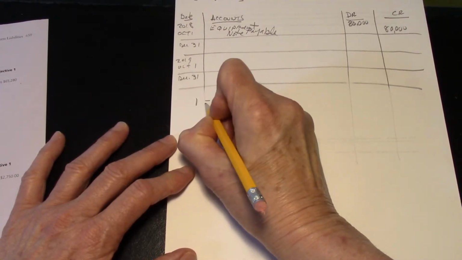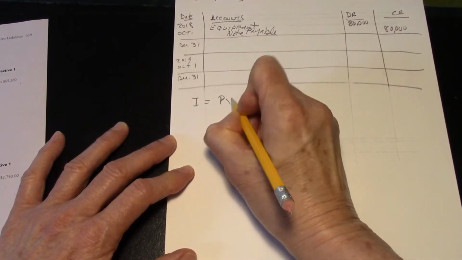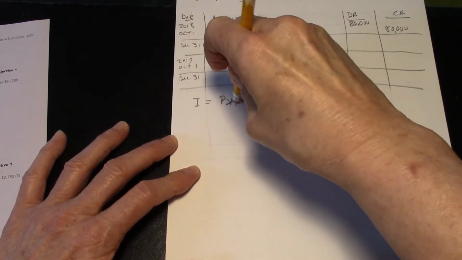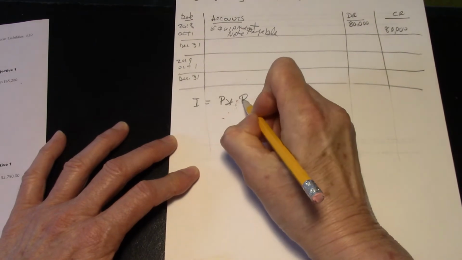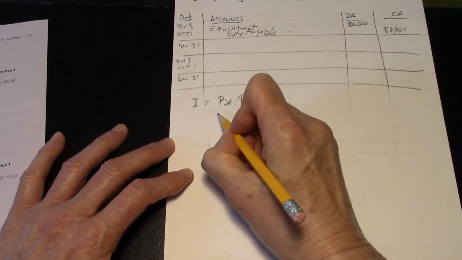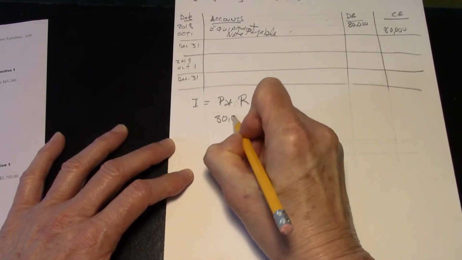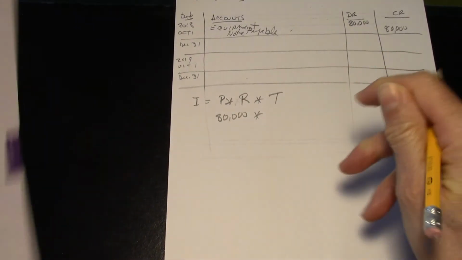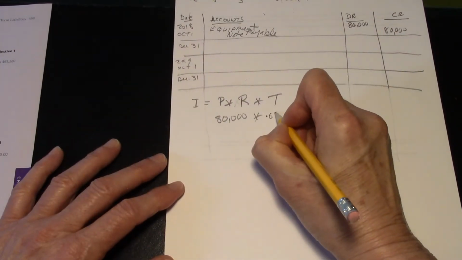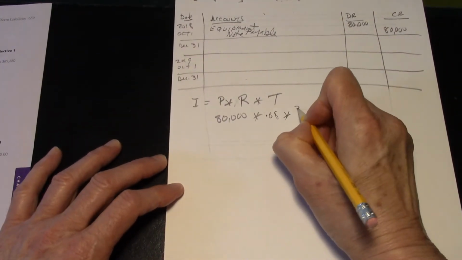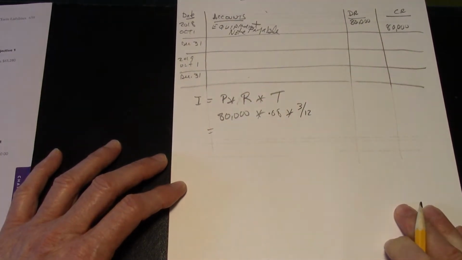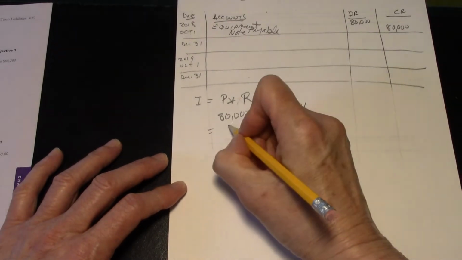I equals principal times rate times time, so 80,000 times 8% times 3/12 is equal to 1,600.